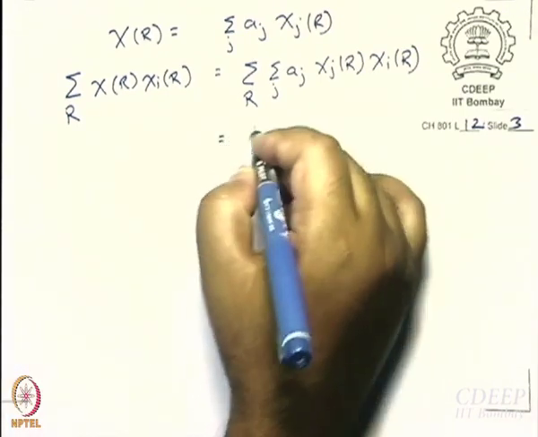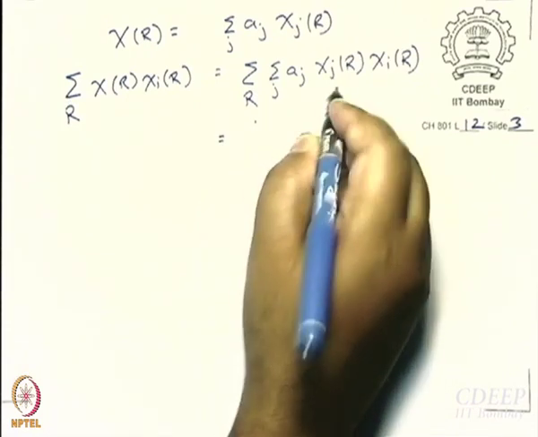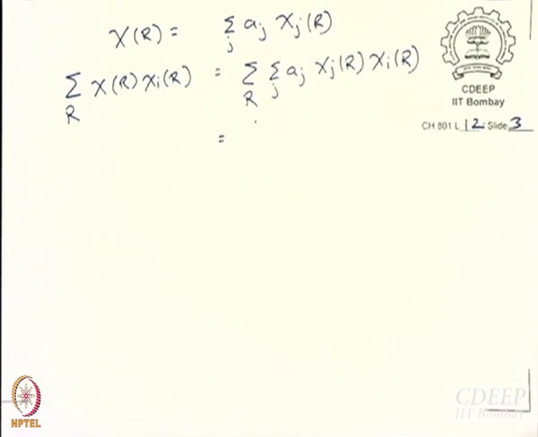So, I can perhaps write it like this. So, what will the right hand side simplify into? Sum over r, sum over j. So, what should I do next?